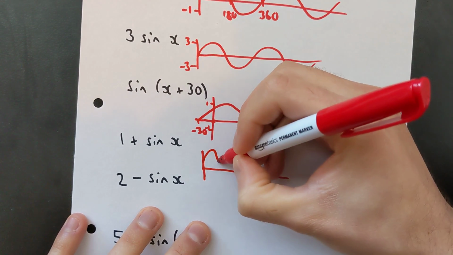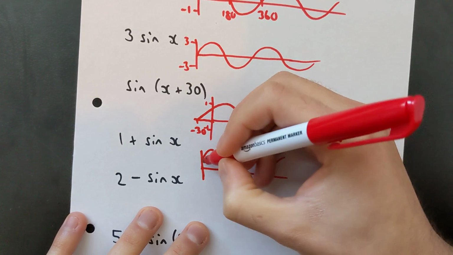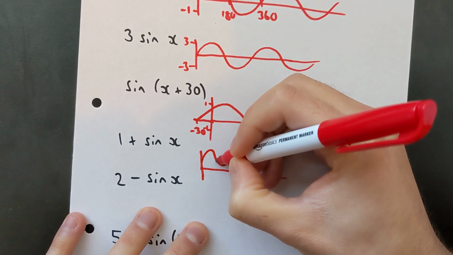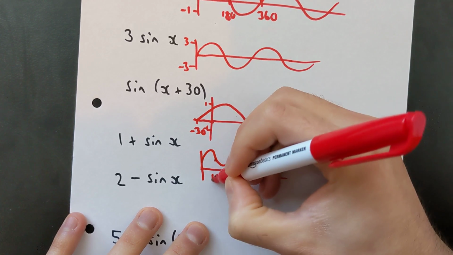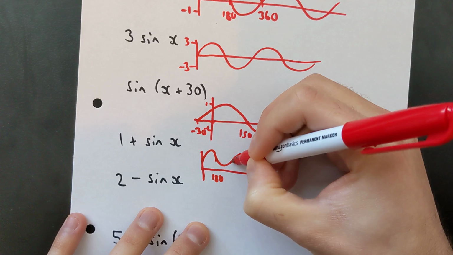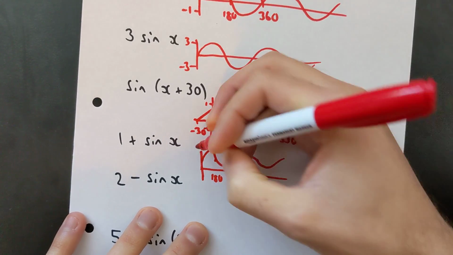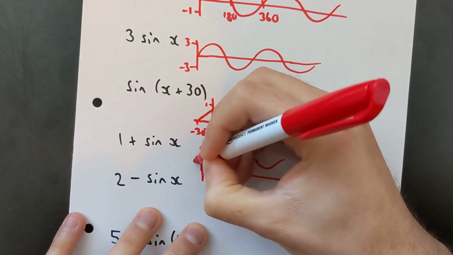And it's going to go up and down. Not my greatest graph there, but here, 180 degrees is where it gets to this little middle part here, and it will get to that part at 360. So we started at 1.